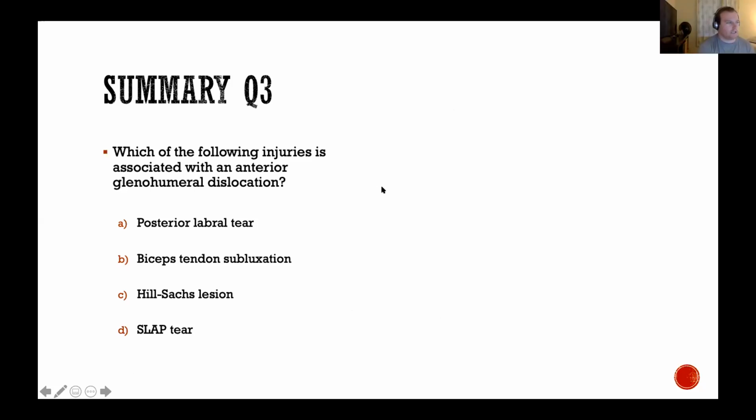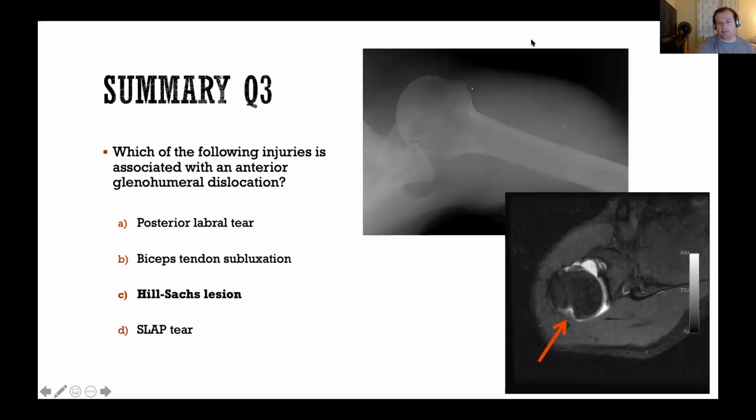Okay, good. Most of you got it. It's the Hill-Sachs lesion. If we go to the next slide, Jeremy, we have some images.